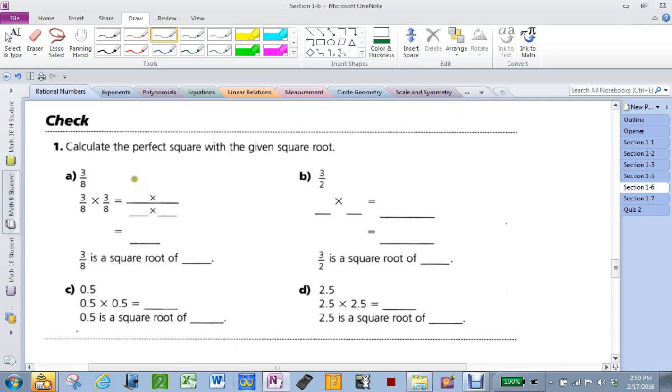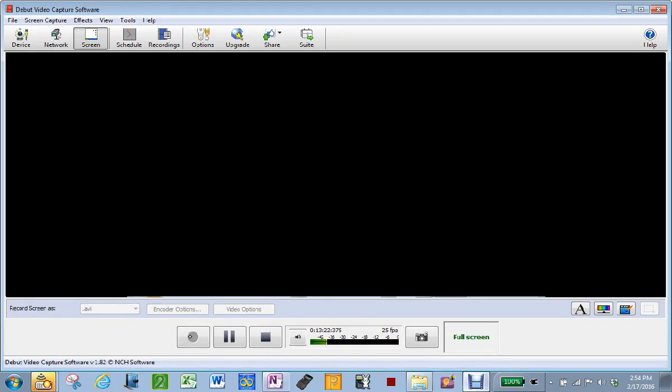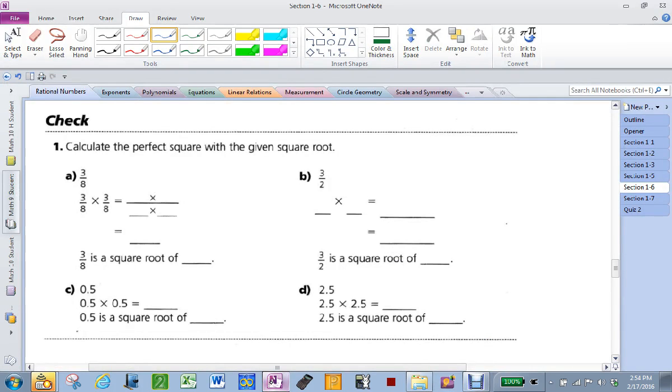Calculate the perfect square with the given root. Well, there's the root. Okay, we're back, guys. 3 times 3, 8 times 8, so it's 9/64.